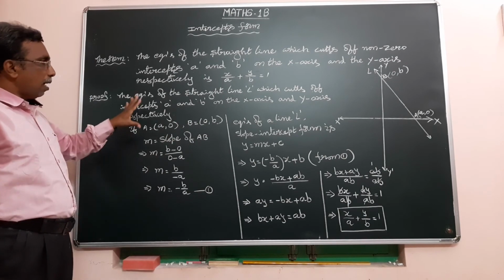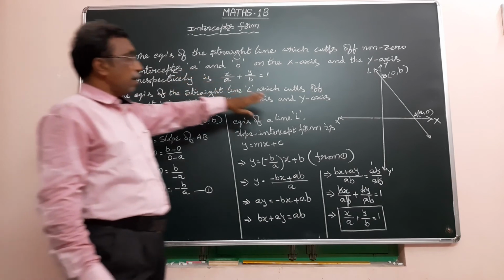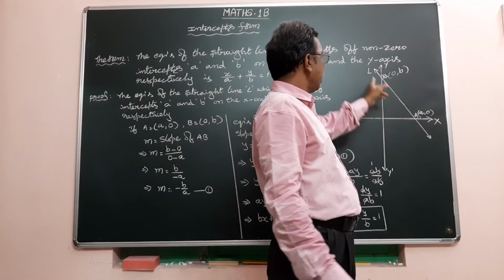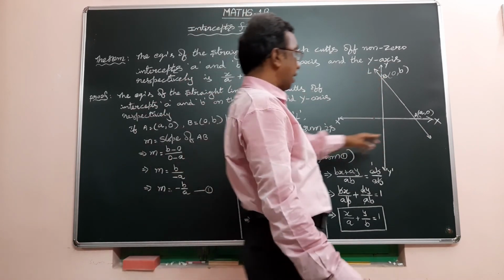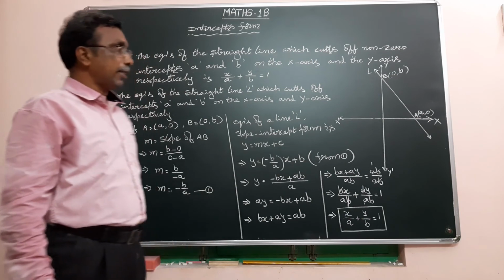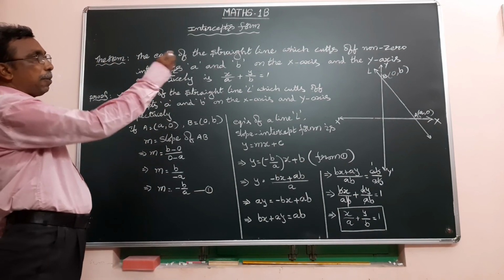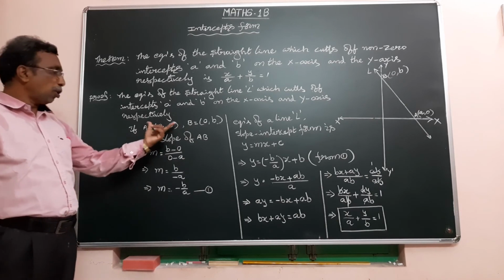Okay, guys, do you understand? Very easy. First of all, draw x-axis and y-axis. Now draw one line. That line cuts x-axis at A, y-axis at B. A is x-intercept, small b is y-intercept. If A, B, find out slope.